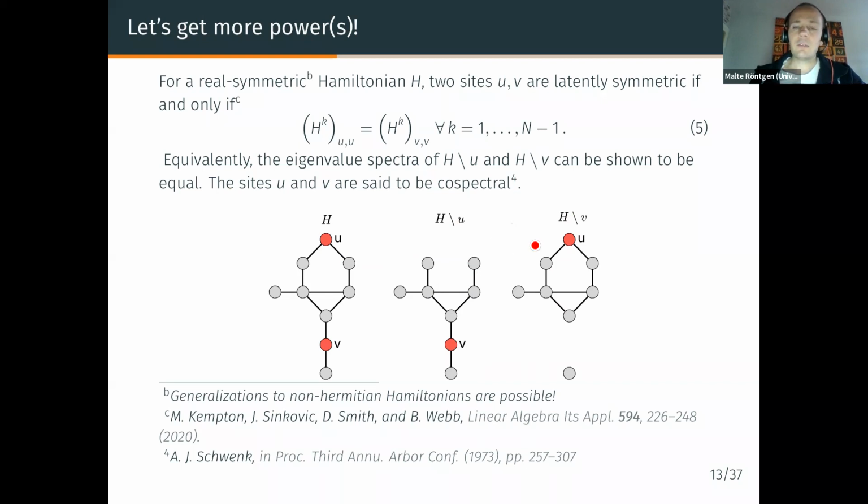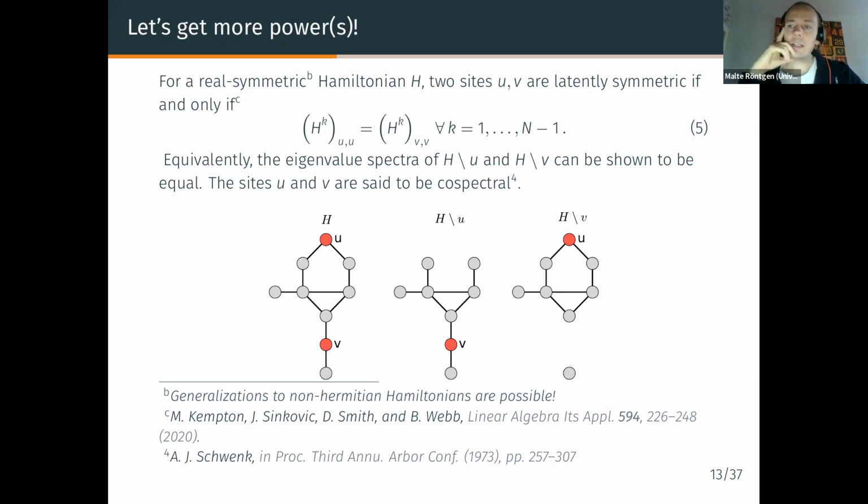And they are thus called cospectral. Since H minus U and H minus V are cospectral, in graph theory language, we say that U and V are cospectral vertices. And now we can see cospectral vertices is equivalent to this statement on the matrix powers, is equivalent to the fact that our isospectral reduction or effective Hamiltonian has a reflection symmetry for all values of the spectral parameter.